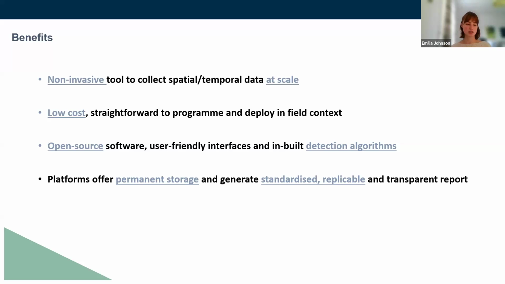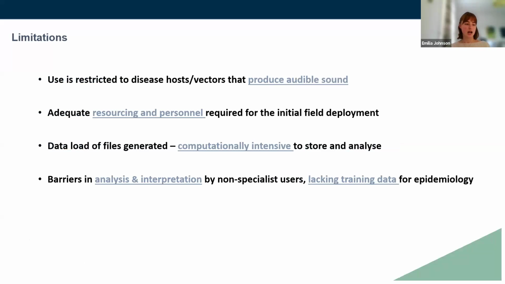So combining acoustic survey data with data that is even higher intensity but sparse or expensive, it can strengthen existing data sets. There are obviously limitations. It definitely is a new opportunity for epidemiology, and it's really exciting.